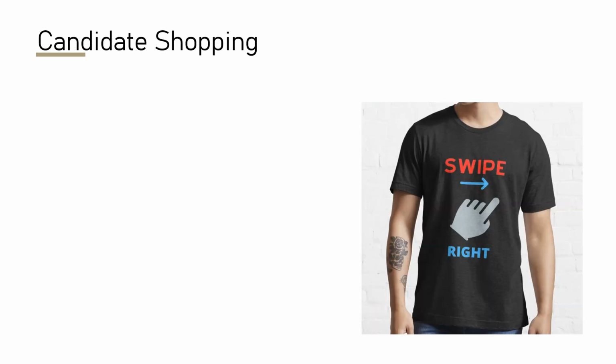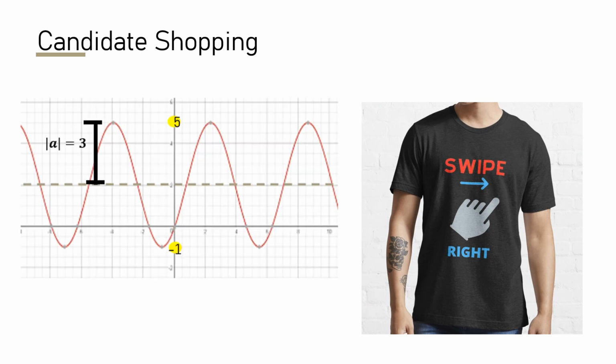So let's go candidate shopping. If you don't know swipe right, then Google it. So what I mean by that is, this was given as a sine function. So these are some candidates that we could look at.